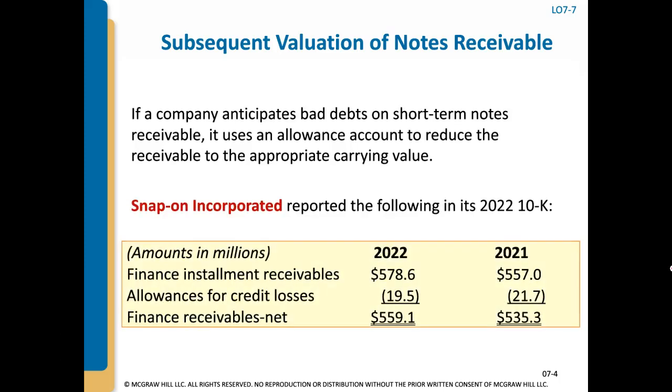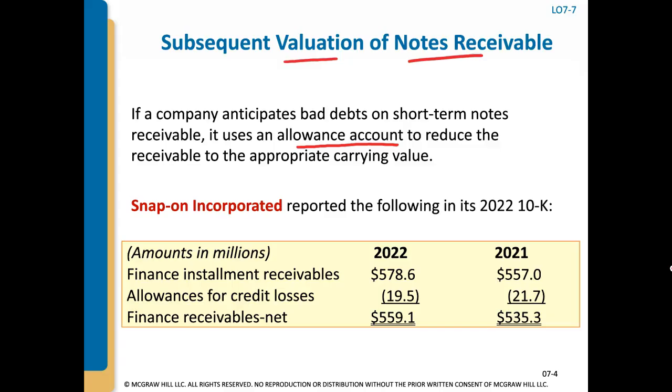And just like with accounts receivable, a notes receivable has to be evaluated to see if it's going to be collectible. So if a company anticipates a bad debt on short-term or long-term notes receivable, it uses an allowance account, similar to the allowance for doubtful accounts for accounts receivable.